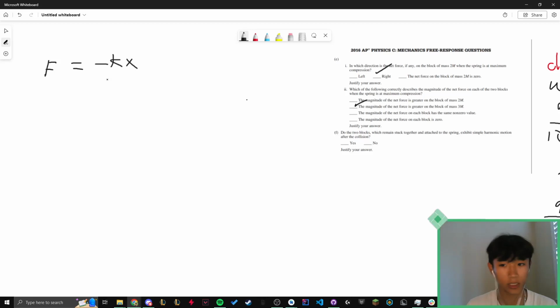It basically just has to follow something in this form. However, if we do look at the equation, I believe it was negative bx cubed. It is not linear. This is cubic, which means the answer is no. All you have to say is that this is not simple harmonic motion because the force is cubic. And that will be it for question 2.